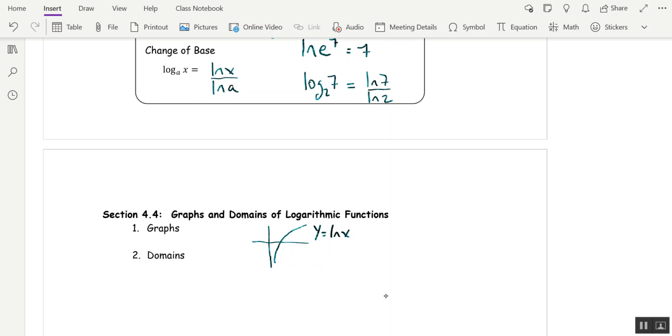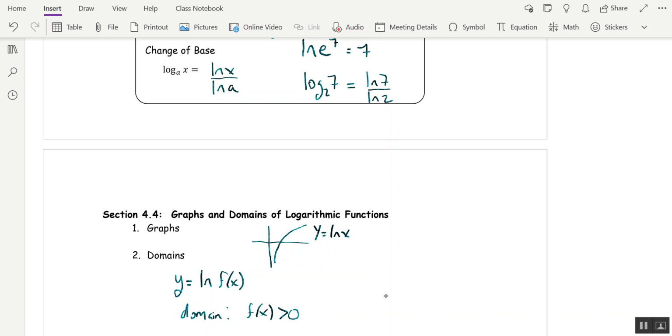Your video has a slightly different way of showing you how to find the domain of a logarithmic function. I'm going to show you an alternate way. What I tell my students is if you want the domain of y equals ln of any function f of x, the domain will be found by setting f of x strictly greater than 0.